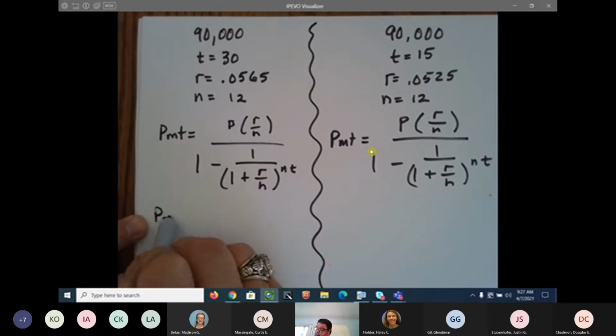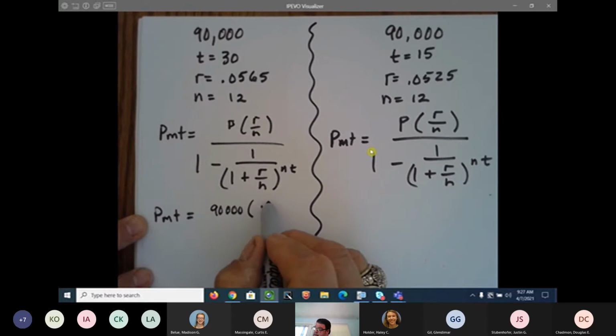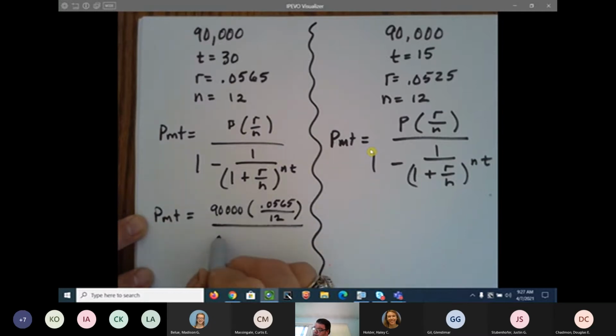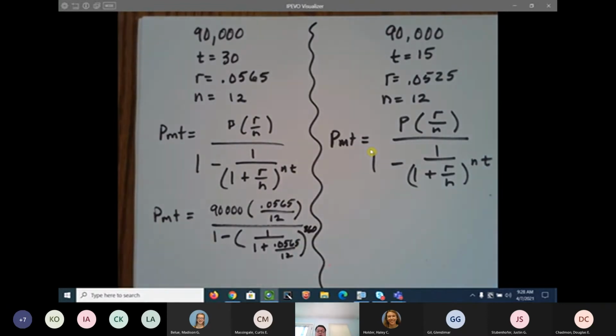So payment is equal to 90,000 times 0.0565 divided by 12 over 1 minus 1 over 1 plus 0.0565 divided by 12 raised to the NT. Well, 12 times 30, that's 360. So that should be that one.